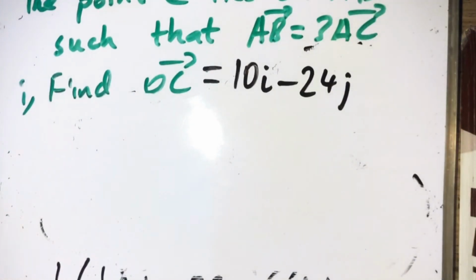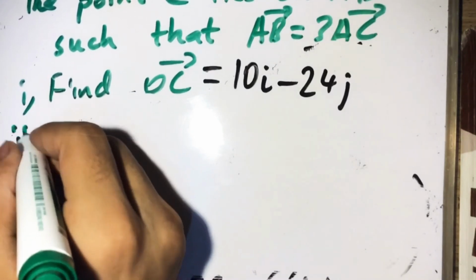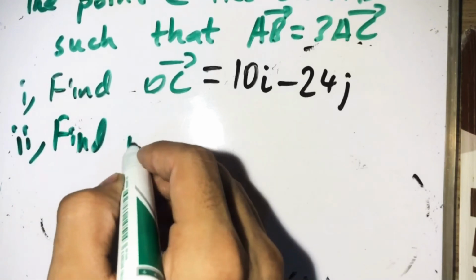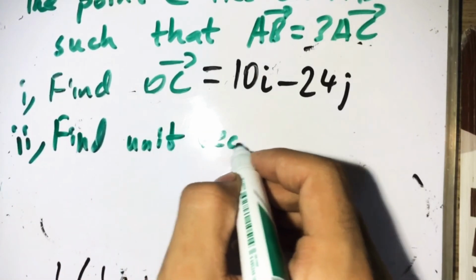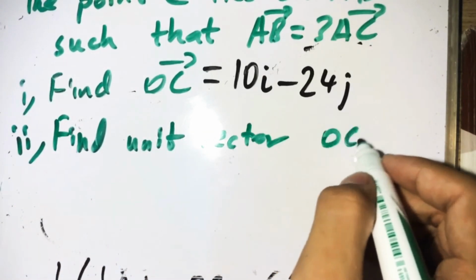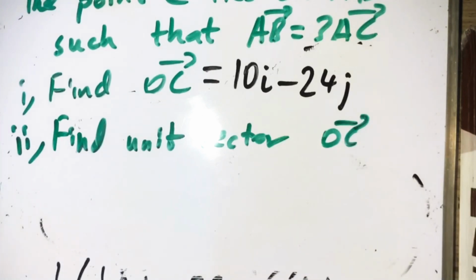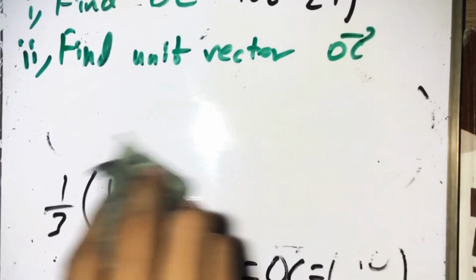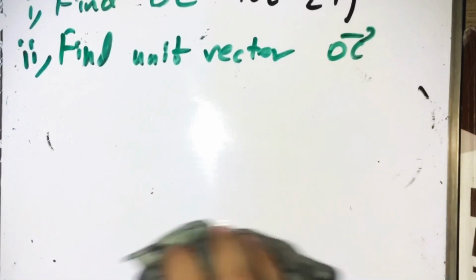In the next part, they're saying find the unit vector in the direction of OC. So for this, we'll need the magnitude of OC.